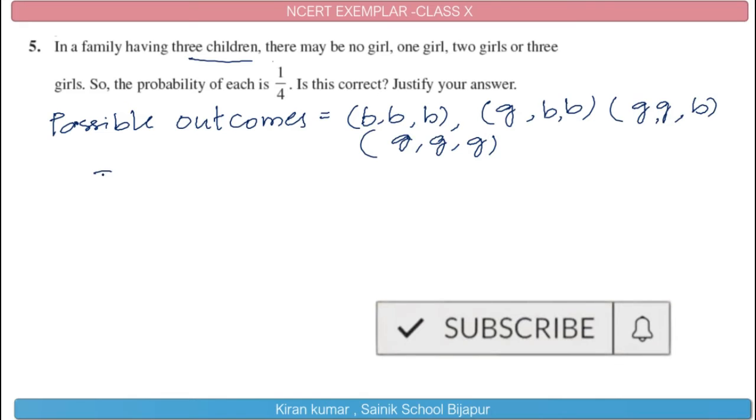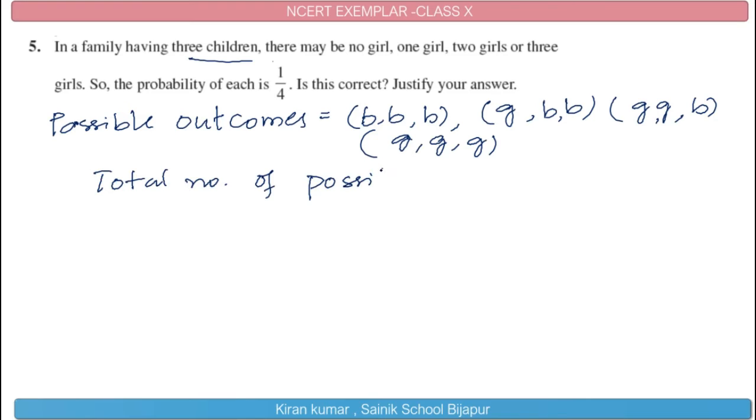So the total number of possible outcomes is 4. The probability of each is not 1/4 because the outcomes are not equally likely.